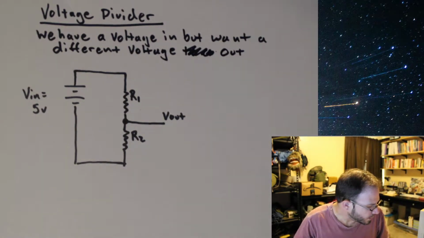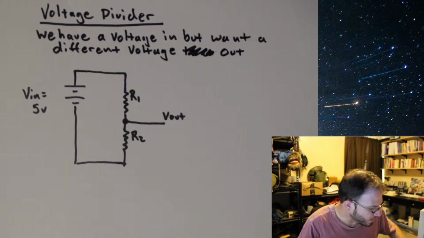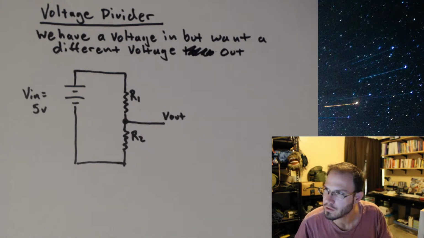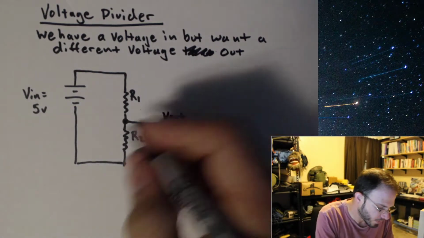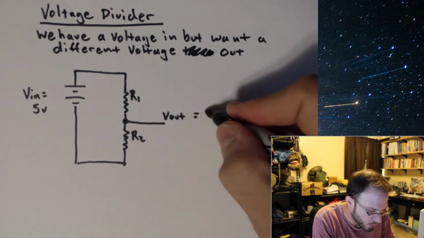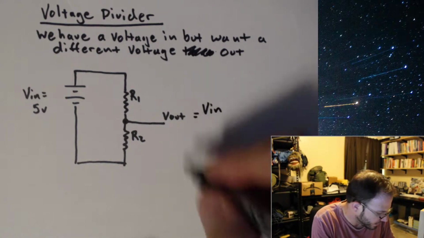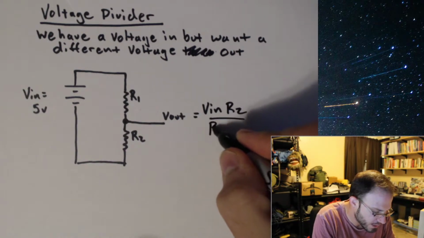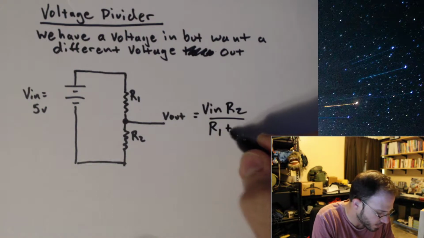What I'm going to do first is put up the general formula for a voltage divider, and then we're going to see that everything that we already know will get us to this equation. So V out is going to be equal to whatever V in is times the resistance of R2 divided by the resistance of R1 plus R2.